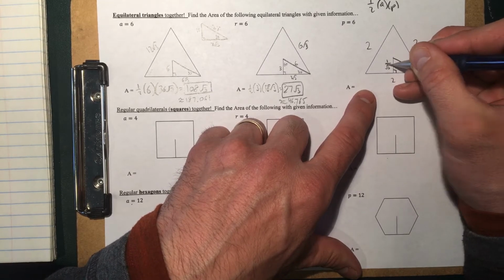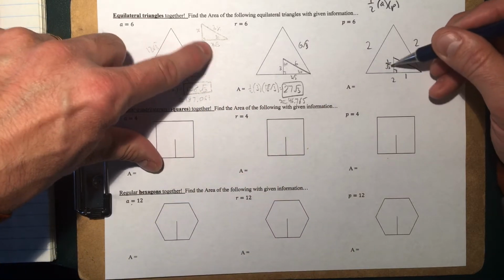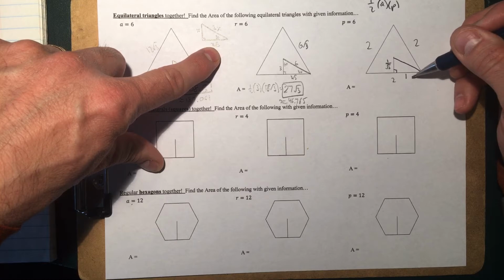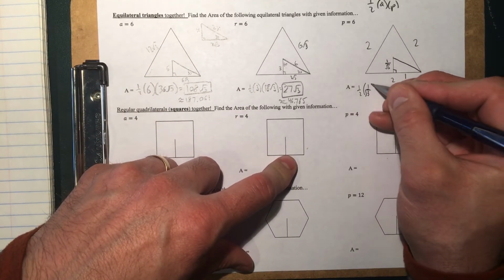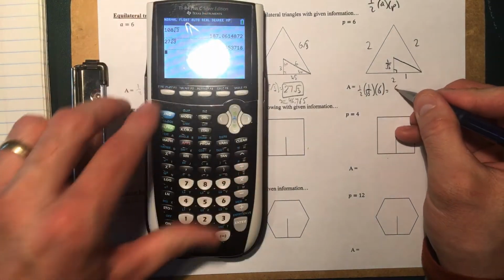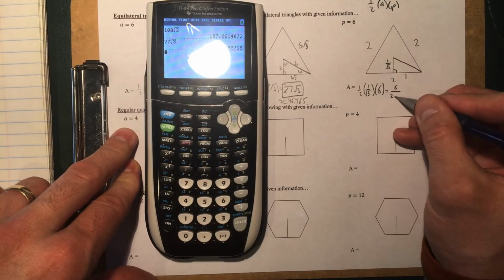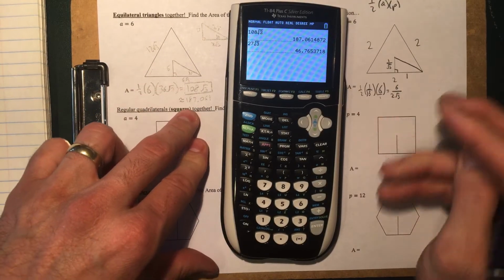That's a little yucky. Because then if it's this, that times root 3 will be 1. So that means I have 1/2 apothem times perimeter. Now this is going to be a little bit weird because it's 6 divided by 2 root 3, which is like a 6 over 1, remember, like a fraction.